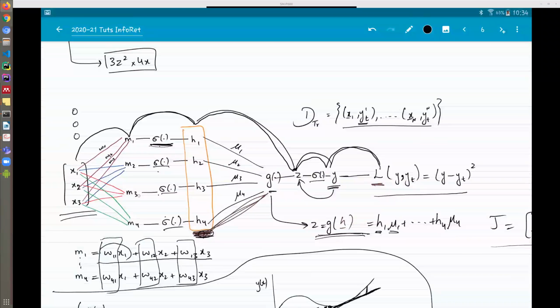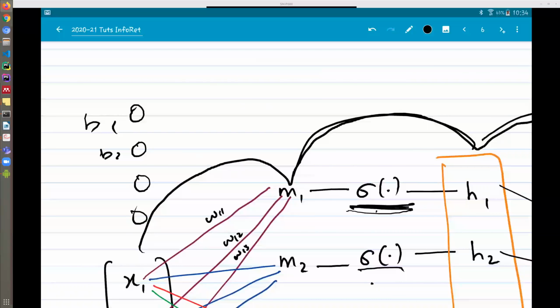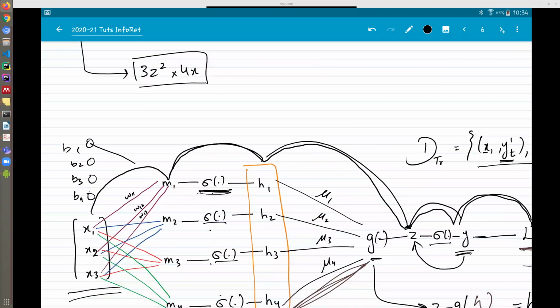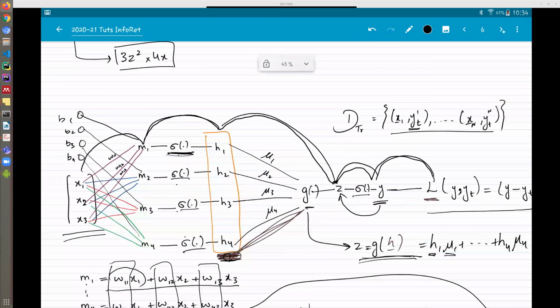So here we have four, and so we have B1, B2, like every linear layer. This example was the example of a linear layer, as they say. So here we would have these bias terms attached to every output.